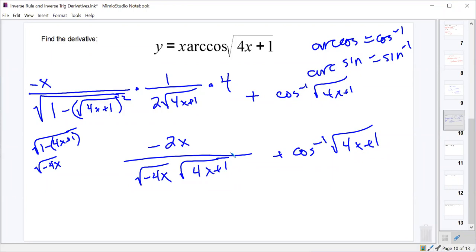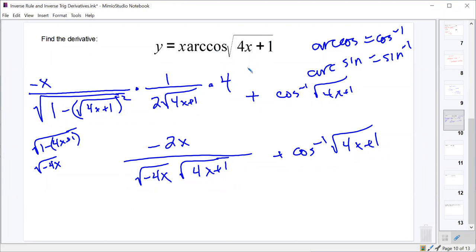Isn't that an issue, that there's a negative under the square root? That's not an issue that we've got here, because as long as x is a negative value, then this will become a positive. So we would just have to look for the domain of this derivative.